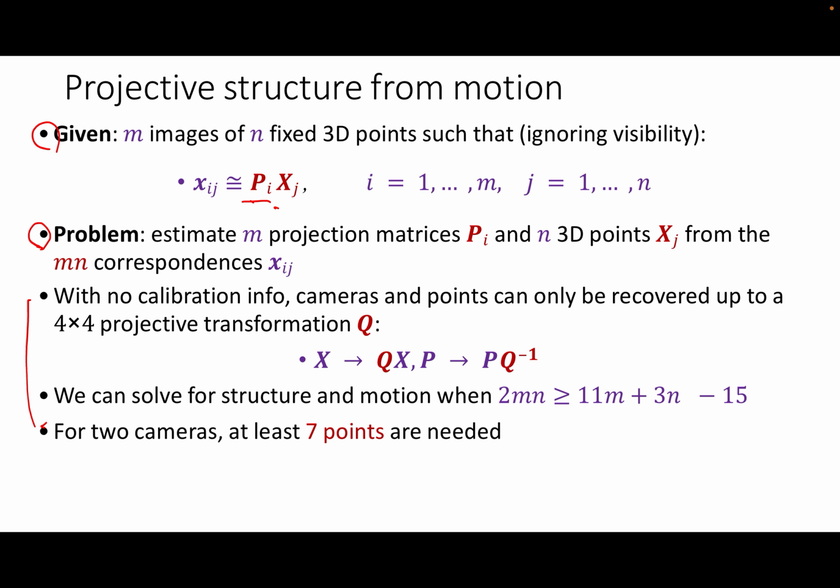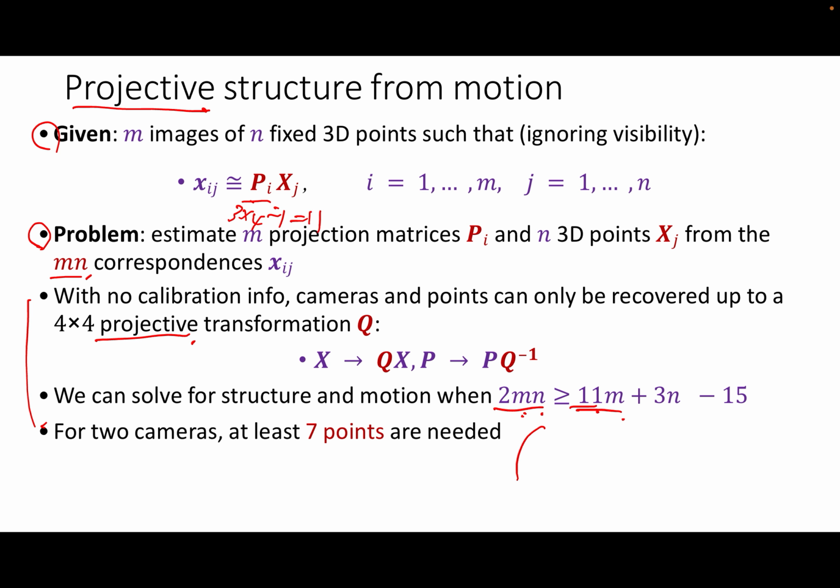With no calibration information, camera and points can only be recovered up to a 4x4 projective transformation Q. Here we use projective because we are now interested in projective SfM, not affine. The same thing: 2mn is from the mn correspondences, x and y, so we have 2mn. 11 is from the P being a 3x4 matrix, up to scale, so that becomes 11.